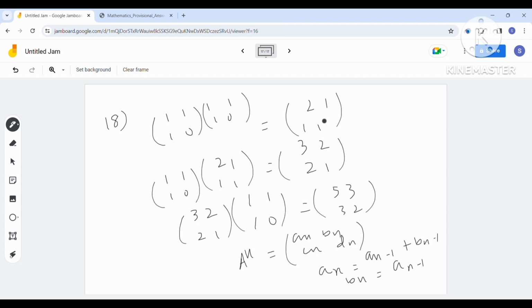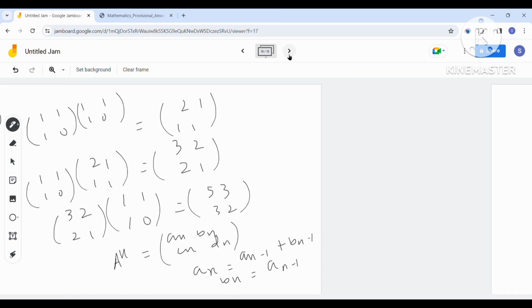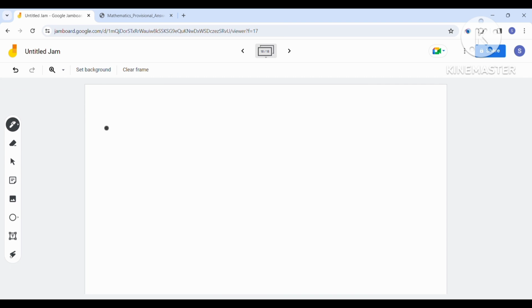Okay, then what will you have? An by bn is basically equal to an minus 1 plus bn minus 1 divided by an minus 1. It is basically 1 plus bn minus 1 divided by an minus 1.